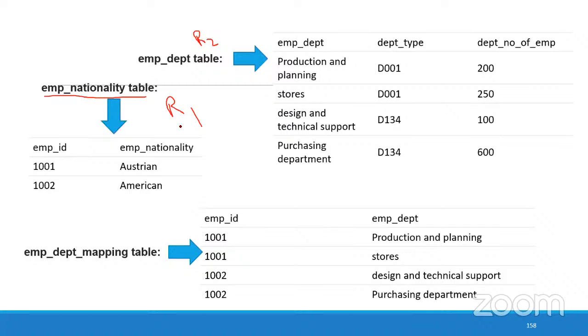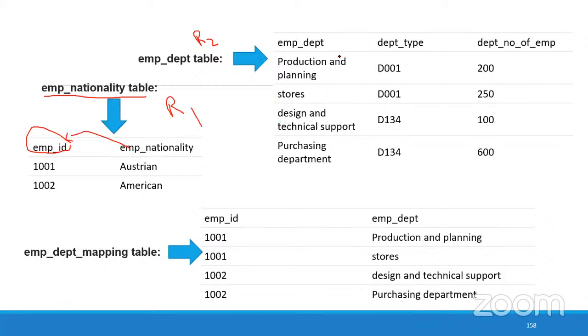So here you can see R1 has only one candidate key, employee ID. Remember the definition: a candidate key is a super key with no repeated attributes. So we will not define any attribute together with another attribute, only one key. Employee nationality is dependent on employee ID.